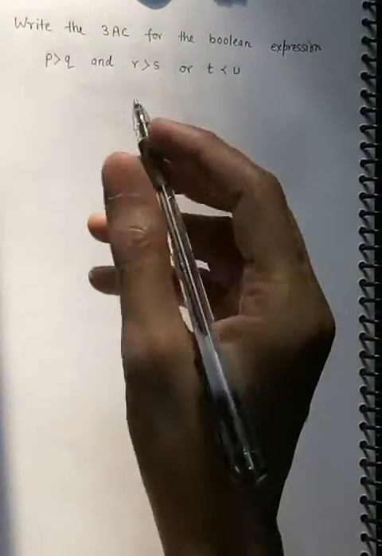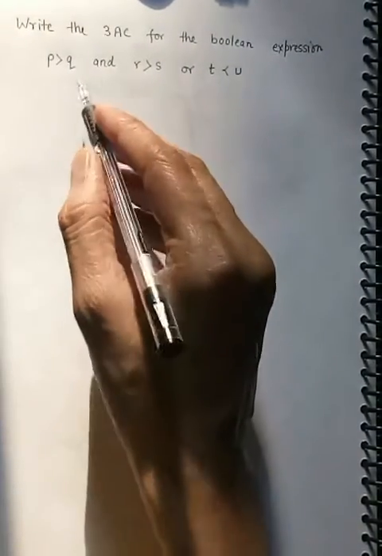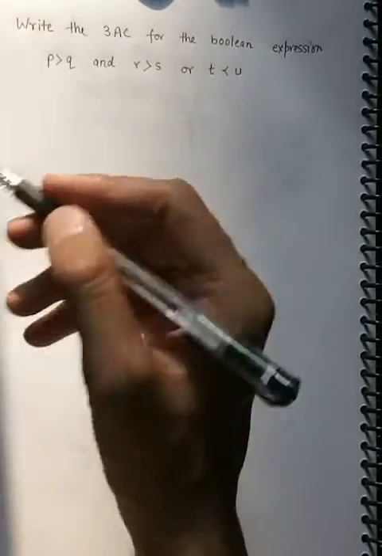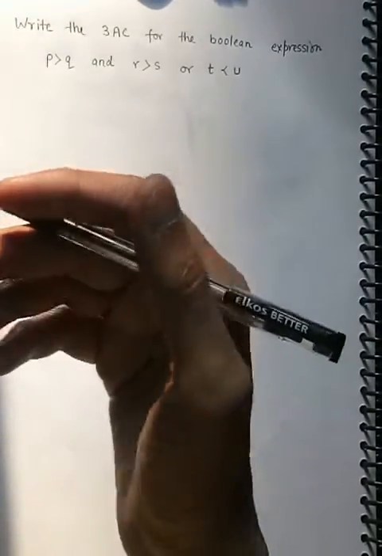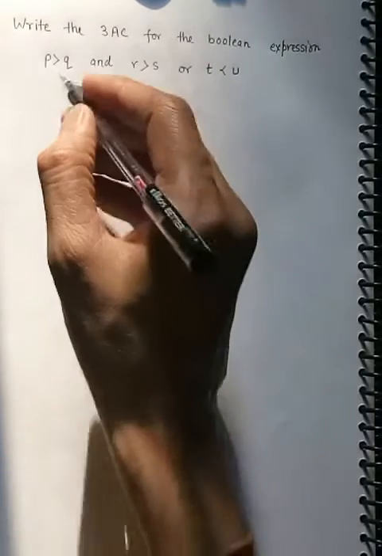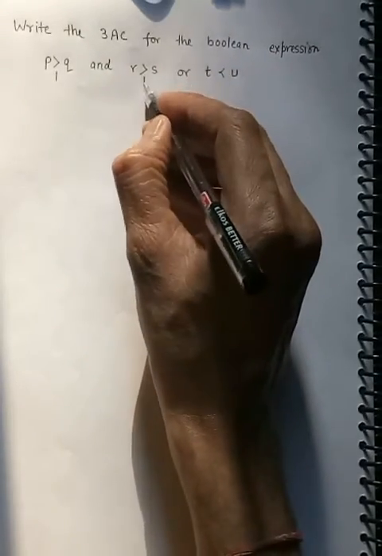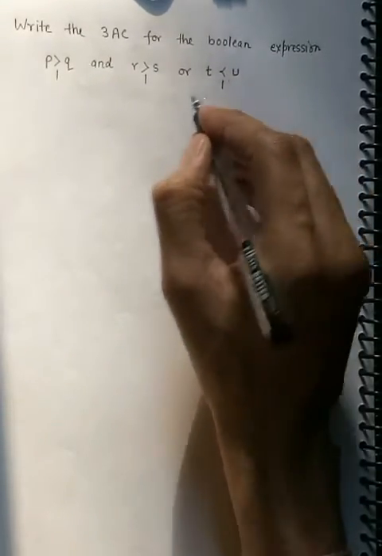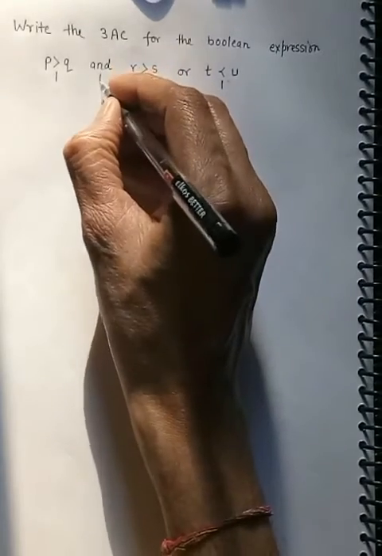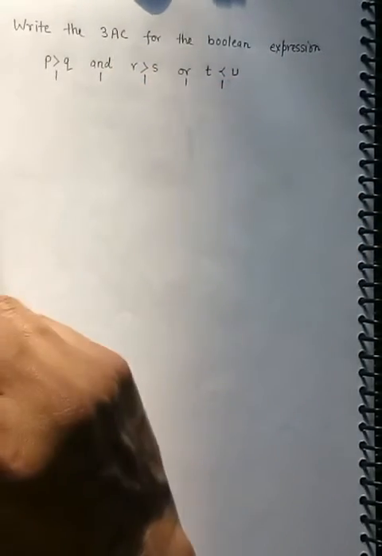Second thing: in this expression, how many operators are used and what is their precedence? This is a relational operator, this is a relational operator, and this is a relational operator, and this one is a logical operator, and this one is a logical operator.